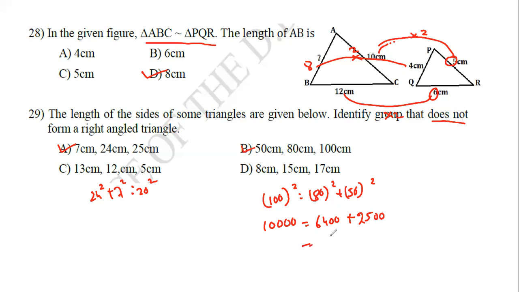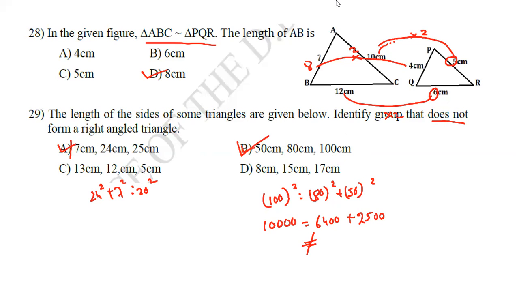When you add this one, it will not be equal. Is it right? So which option is right? So this one is correct because it does not. So this is the correct option. No need to worry about this. Option B, LHS not equal to RHS. This is not a Pythagoras triplet. So which is the correct answer? Option B is the correct answer.